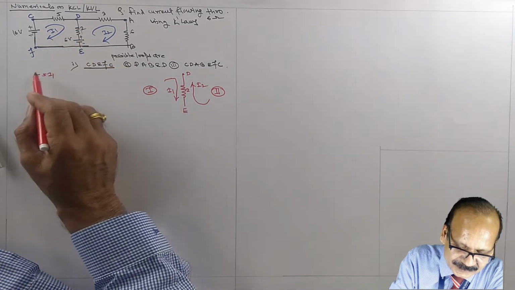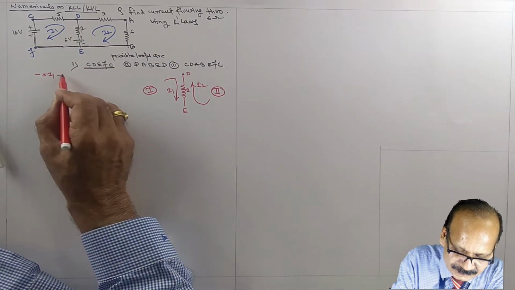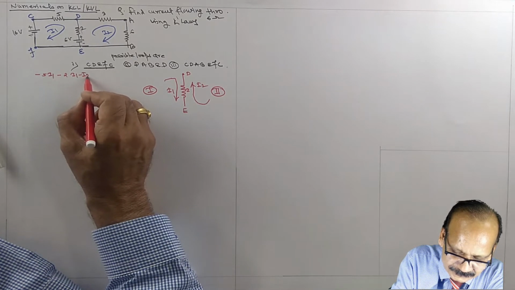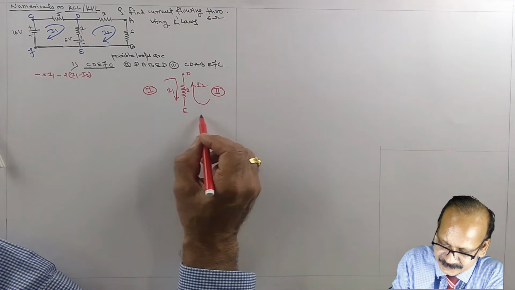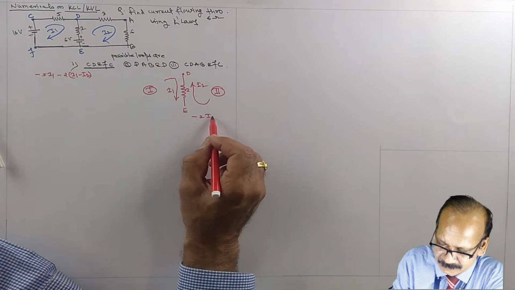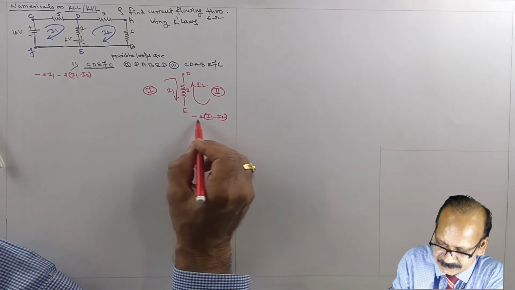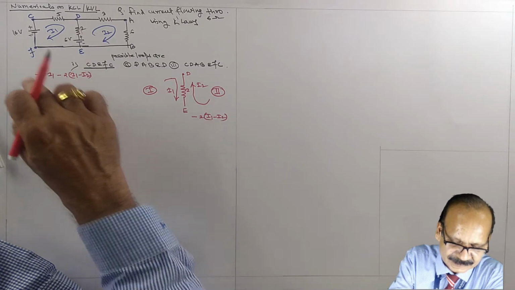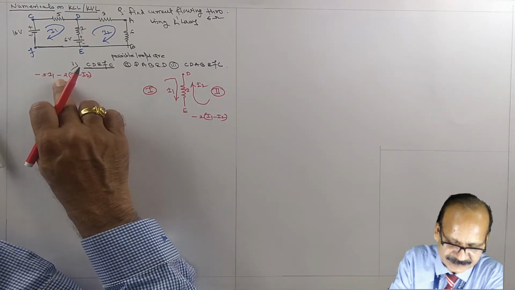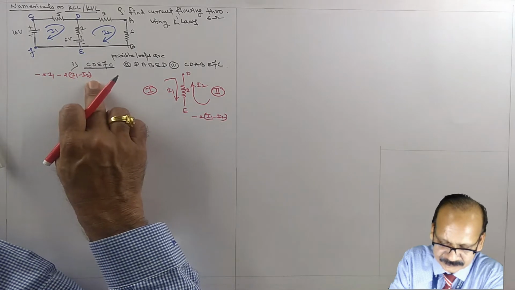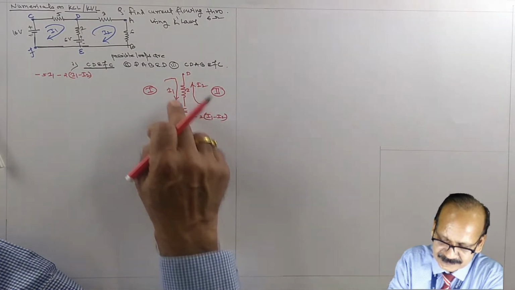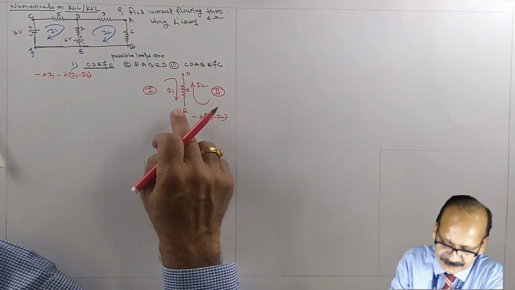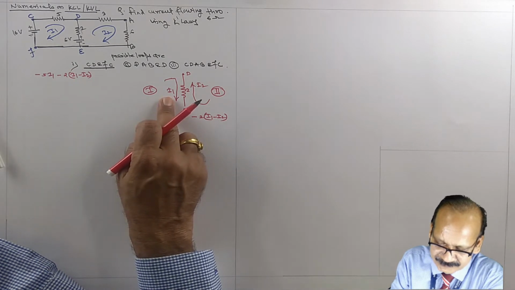So in the direction of current, once again, minus 2 times I1 minus I2. This negative sign is because we are going in the same direction of the current, in the direction of current, falling potential, negative sign. And this I1 minus I2 is because of this direction difference. I1 is flowing downward and I2 is flowing upward, and we are solving for loop 1, so we have to consider I1 as greater.